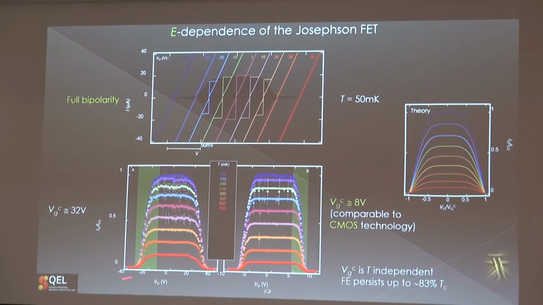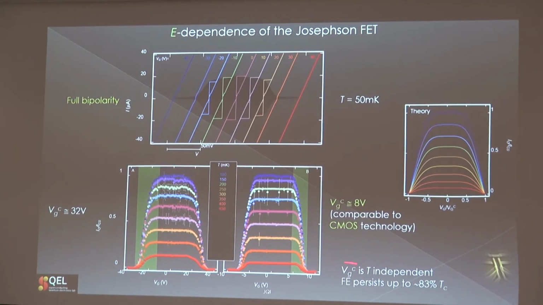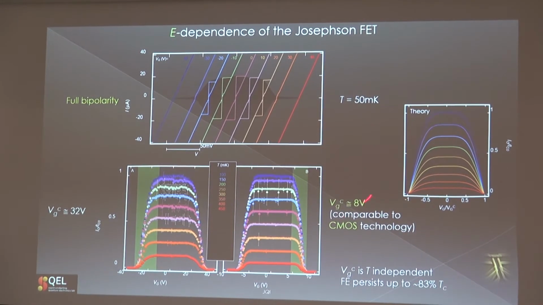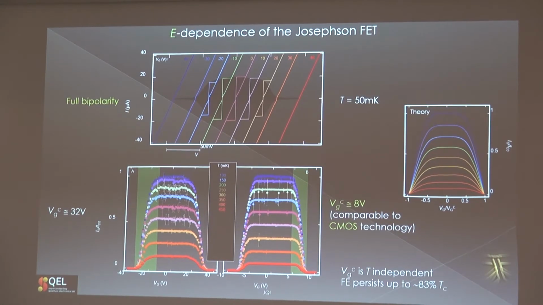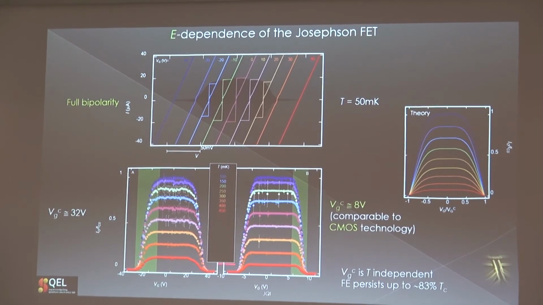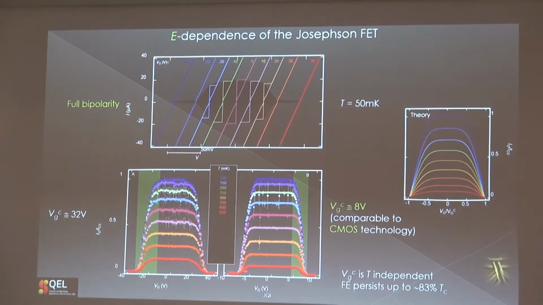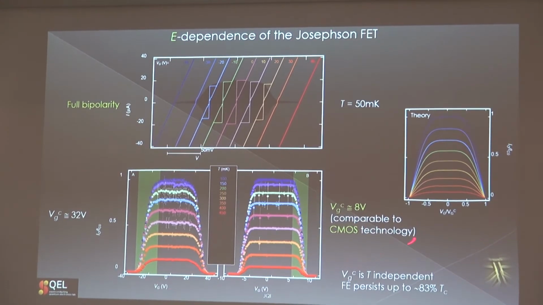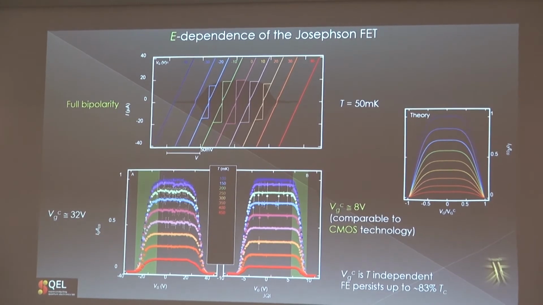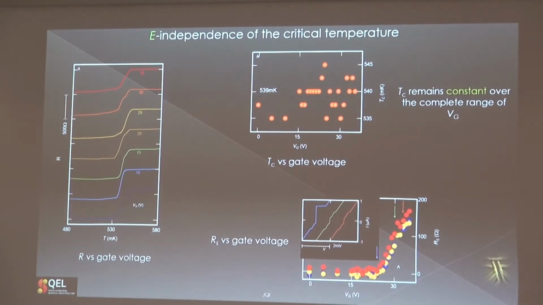Here there is full closing at 32 volts, and for this second generation device around 7.5 or 8 volts. So a voltage that is already comparable to CMOS technology. And again, also in this case, we see that the gate threshold is almost independent of the temperature. They almost appear at the same voltage and persist up to very large temperatures.